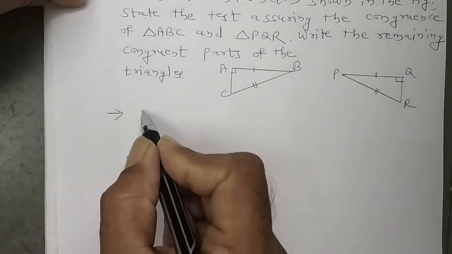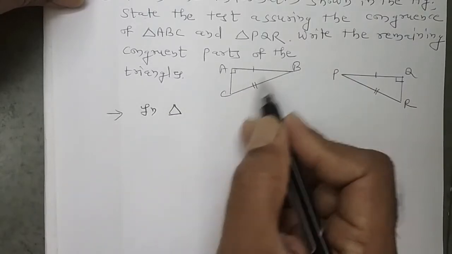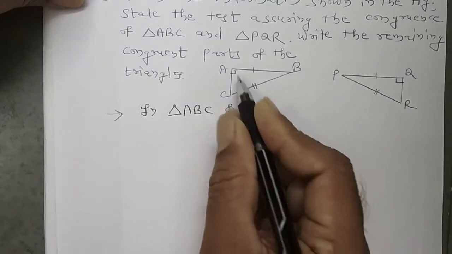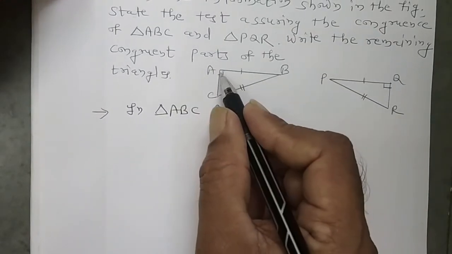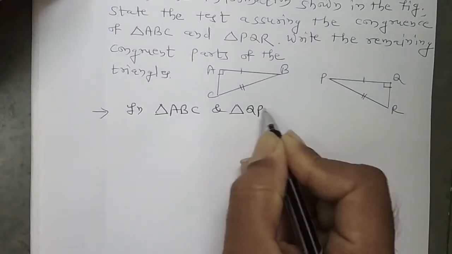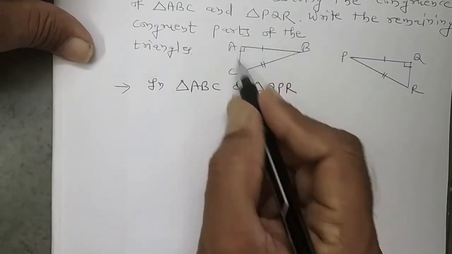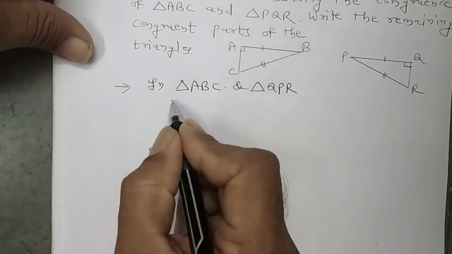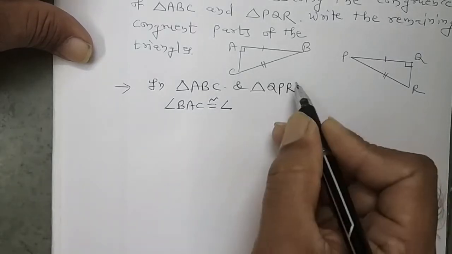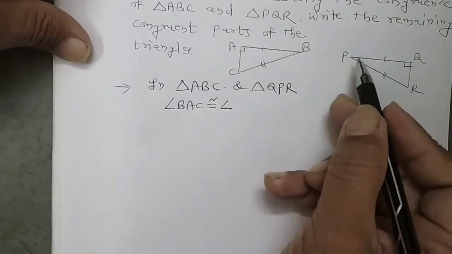For this, first we write in triangle ABC and triangle QPR, starting from this right angle. Angle BAC congruent to angle QPR.